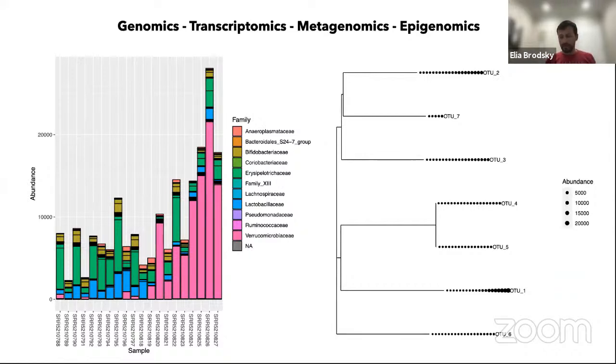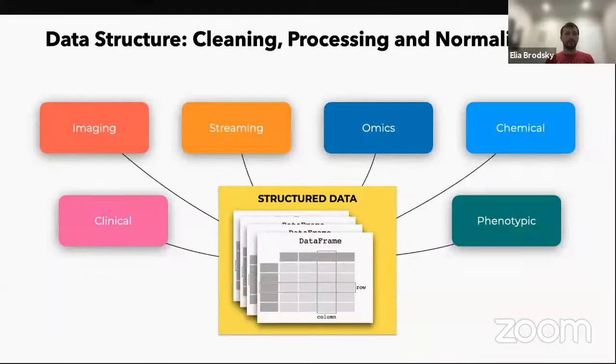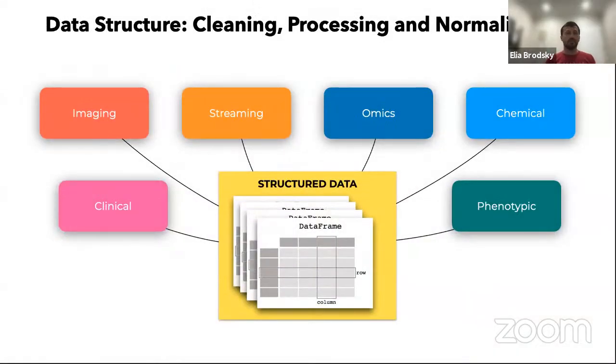So because of that, we are really looking at this collection of different types of data that also includes other types of data, and that could include imaging, clinical data, chemical data, phenotypic data, and all of this data has to go through this process of preparation and organization of this data into structured formats, which typically in the context of data science is going to become some form of a data frame.